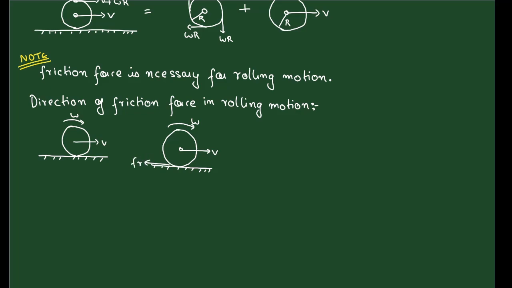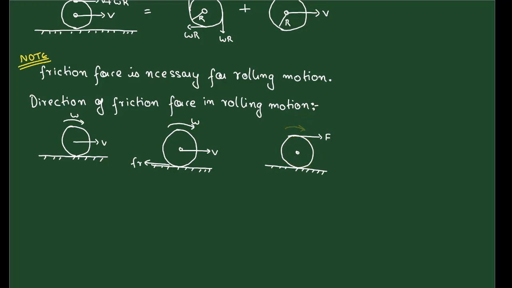Friction force. Now what happens if I take the wheel and apply a force F out here? In which direction would the friction force be applied? If I apply a force out here, this surface would try to rotate in clockwise direction, isn't it?